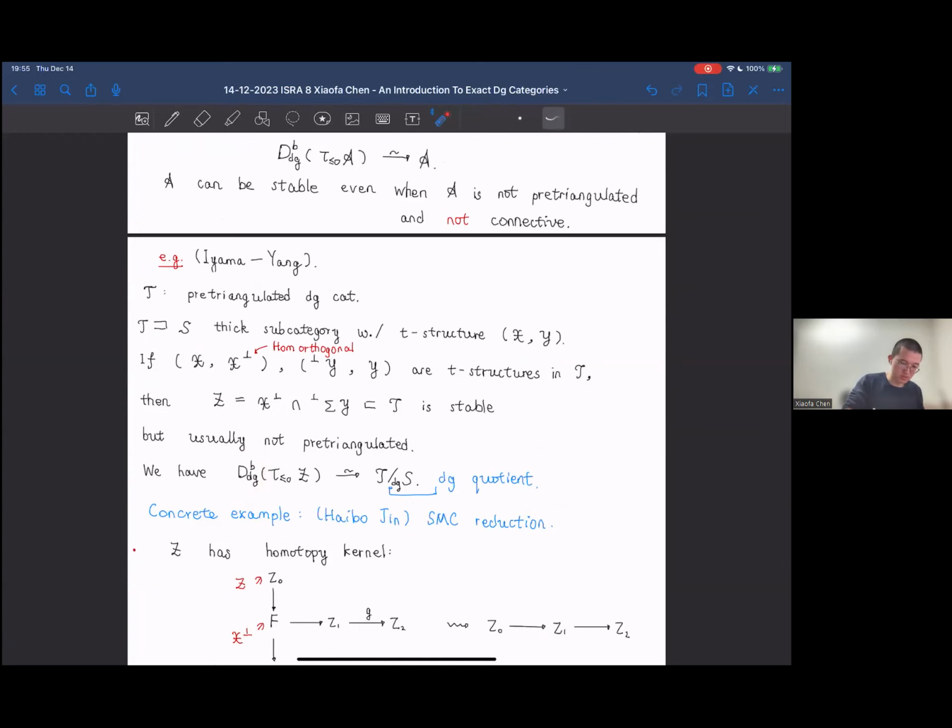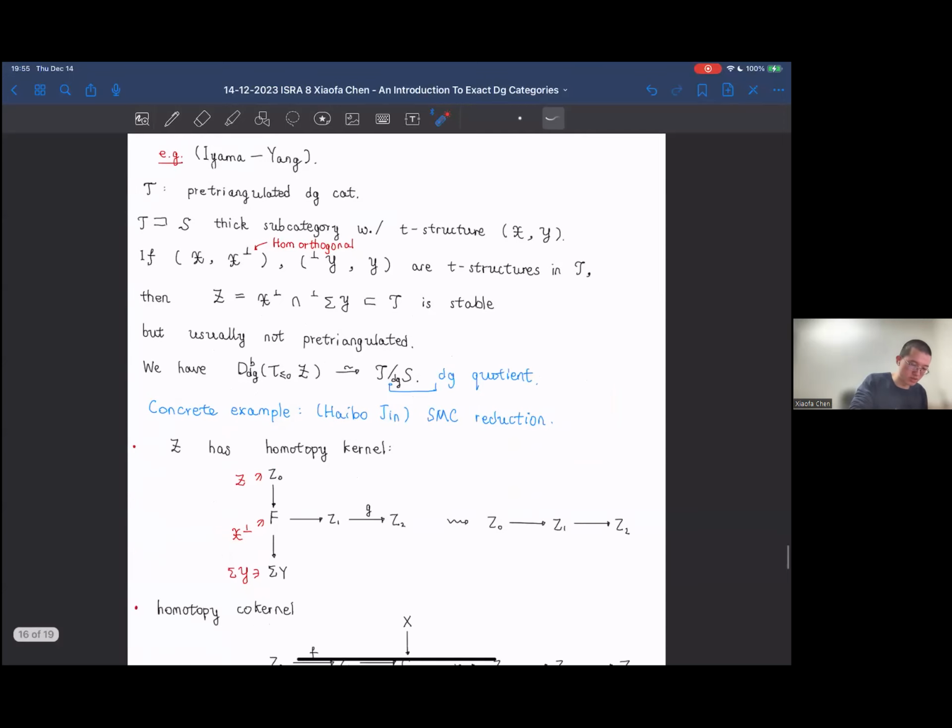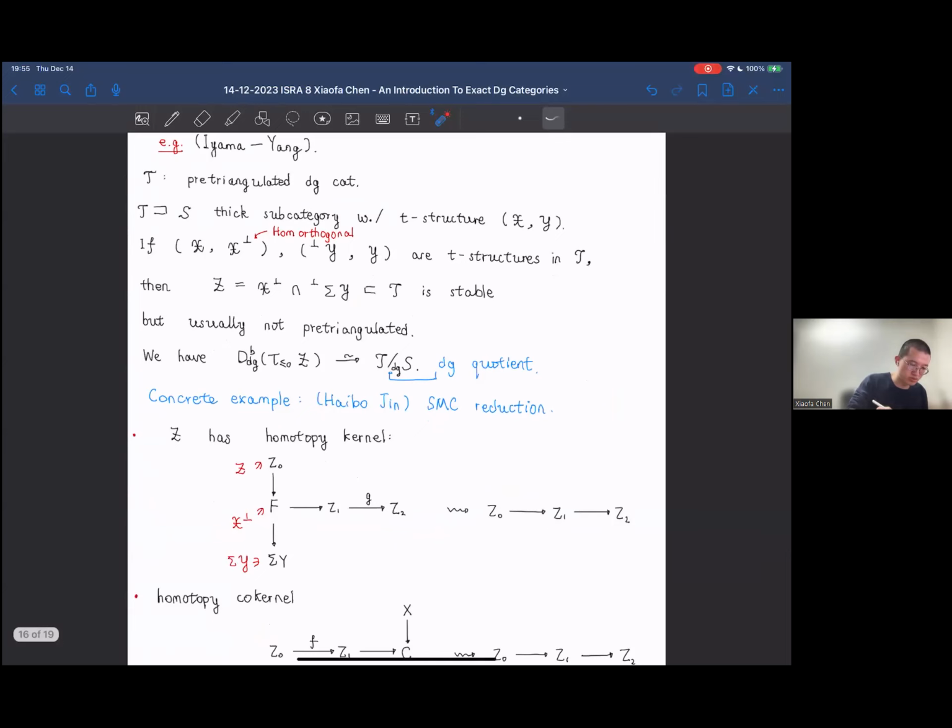Okay, and concrete examples of this setting are given by simple-minded collection reduction. And now I would like to show why Z is stable.